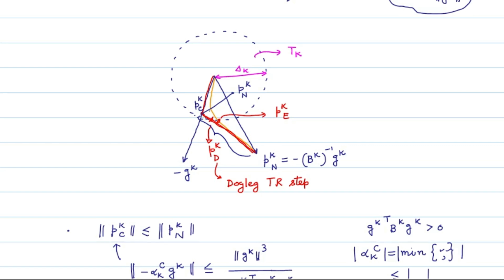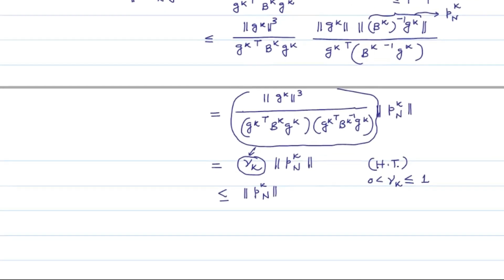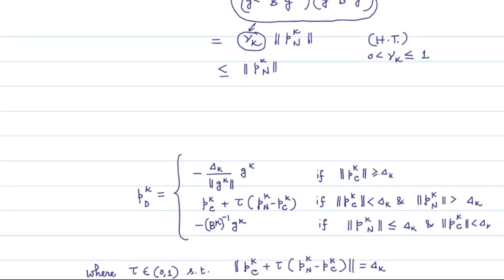Fine. So we follow the following rule to take the dogleg trust region step. If the Cauchy point is outside or on the boundary of the trust region, then you go with the dogleg step as the intersection of the negative gradient with the boundary of the trust region.